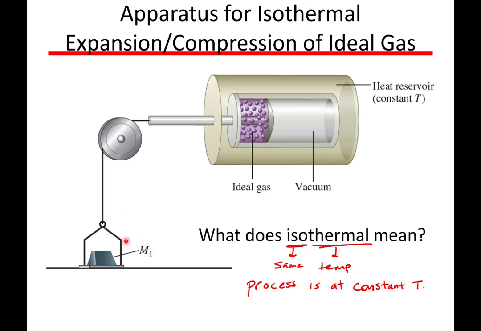In removing the weight, that would allow the balance to move up, and that would allow the piston to move out, and that would allow the gas to expand. So that's how we would perform this expansion and compression. That's how we would make adjustments of the volume. You're changing the weight that's being applied here, and in doing that, you're changing the pressure that's being applied to the gas.